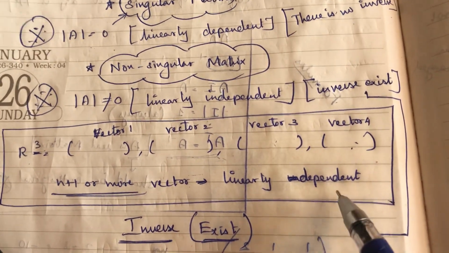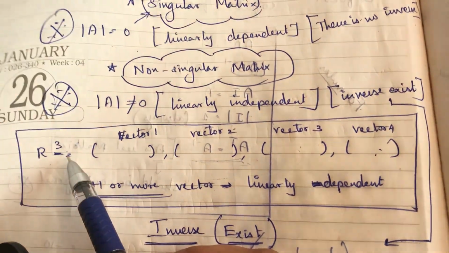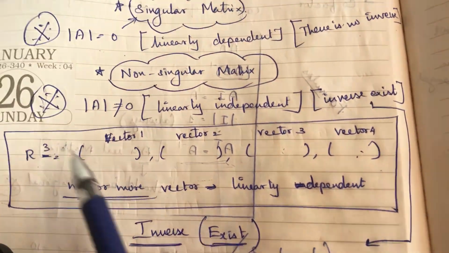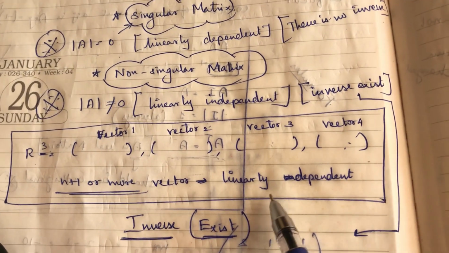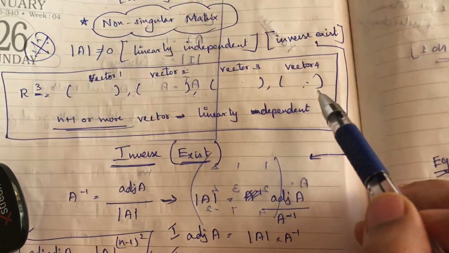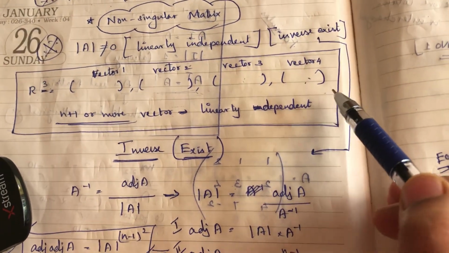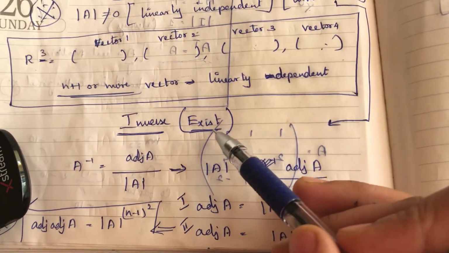Only a dependent set will have more vectors than the order. Okay, so R3 which has 4 vectors is linearly dependent. They may ask this in some 1 mark or 2 mark questions. So this is also an important thing.